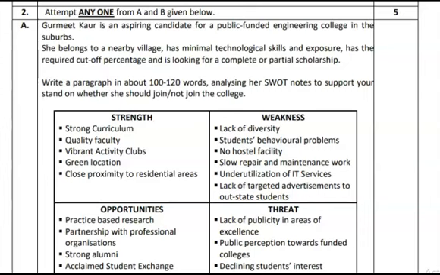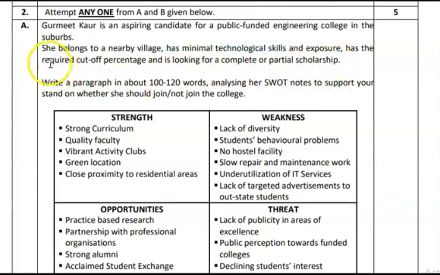The question tells us, I am reading from here, you just check it. Gurmeet Kaur is an aspiring candidate for a public funded engineering college in the suburbs. Remember, she belongs to a village. One, has minimum technical skills and exposure. These are her weaknesses.